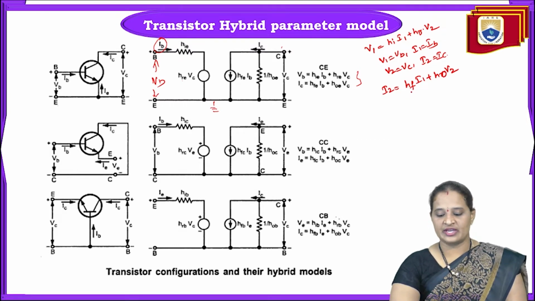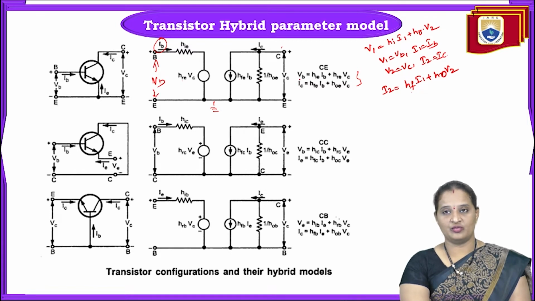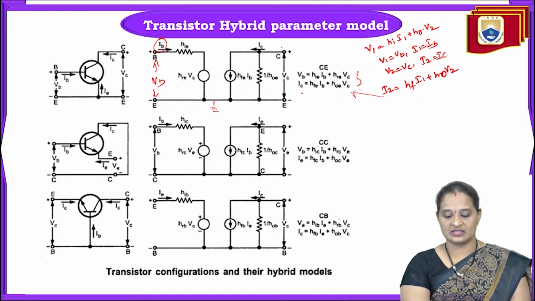So VB is equal to HIE into input current IB plus HRE into output voltage VC. Similarly, the second equation modified for the common emitter configuration is IC equals HFE into IB plus HOE into VC.